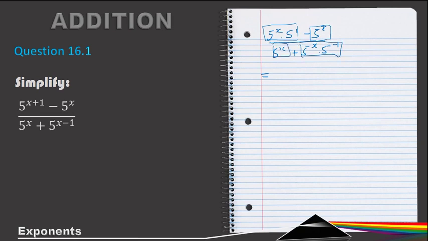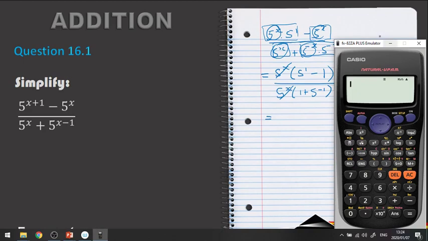We take out from each term a 5 to the power of x, and what's left is 5 to the power of 1 minus 1. Because this entire term goes out, there's a placeholder that's left, over 5 to the power of x. If we take these out, we're left with 1 plus 5 to the power of negative 1.